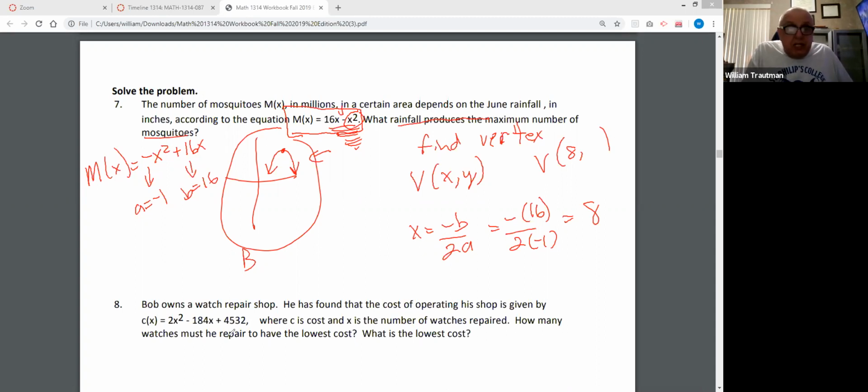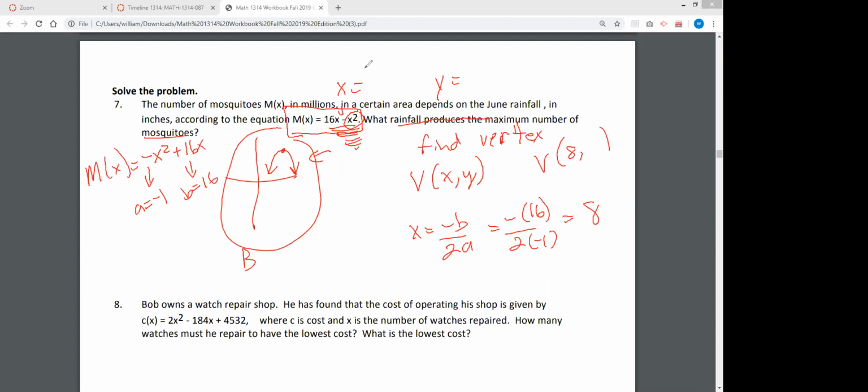We're using X and Y's. So either the X or the Y is the rainfall. Which one is the amount of rain, X or Y? Does anybody know which one is the amount of rain, the X value or the Y value? It's actually the X.